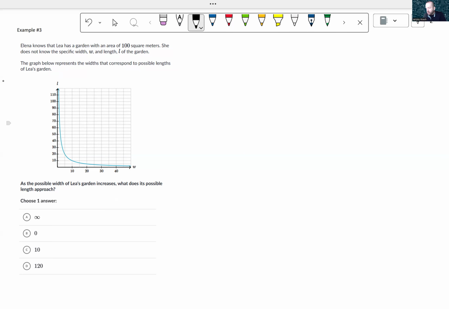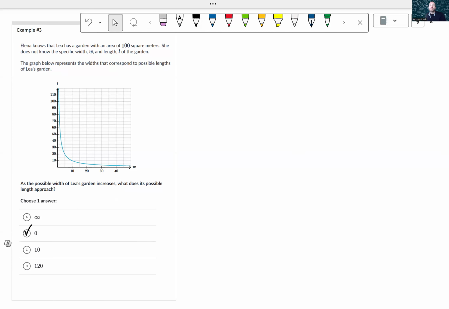So the width, if we went way out to 100, say, or close to 100, the length would be approaching 0. It wouldn't be possible for it to be 0 if we're doing the area of something, but it would approach 0, get very close to 0. Also, a negative would not make sense in this because we're talking about area.